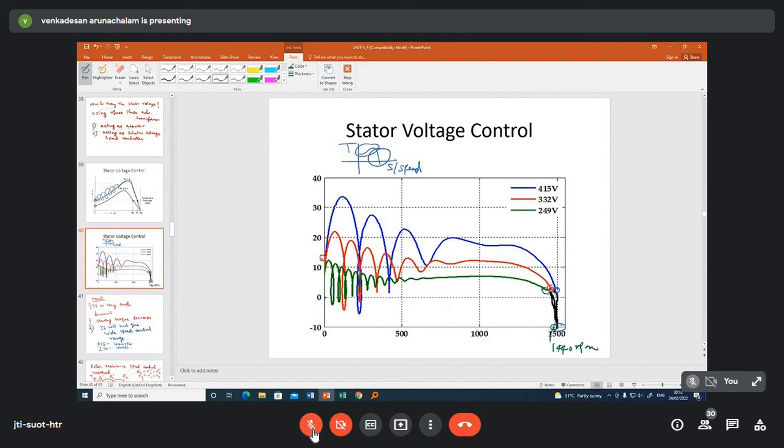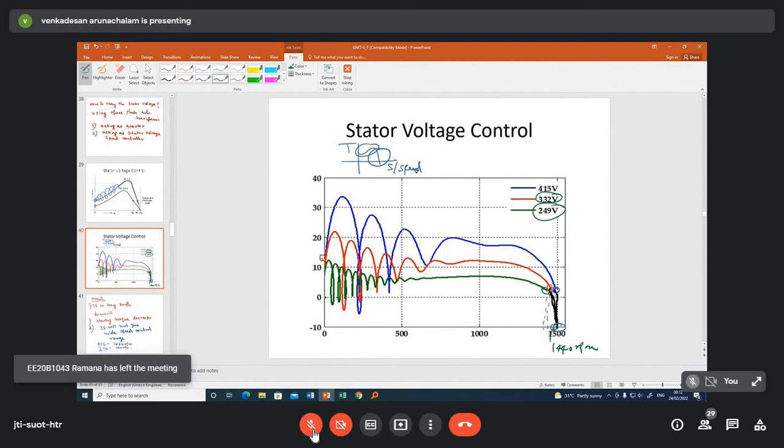You measure the speed here, right? Here the voltage is 415, here 332, almost 50% you have reduced. Here it is 249, more than 50% you have reduced. But the speed variation we got is not that much.